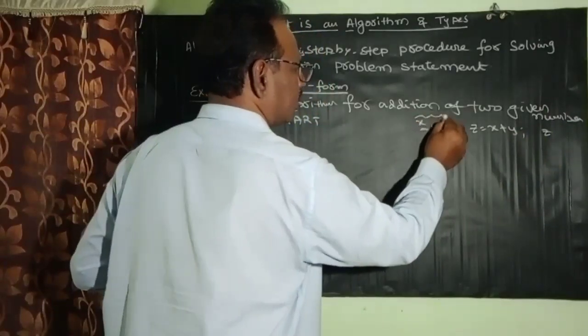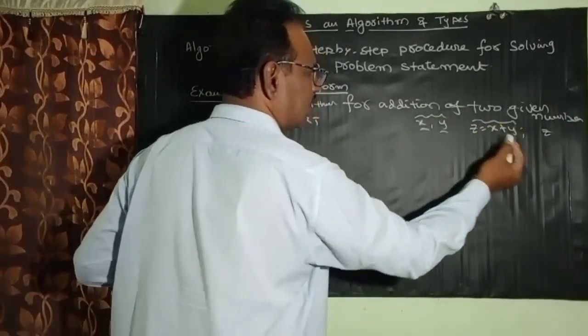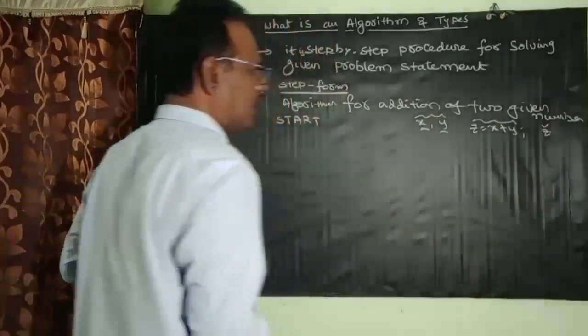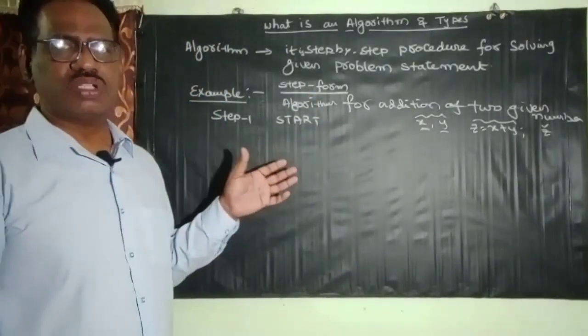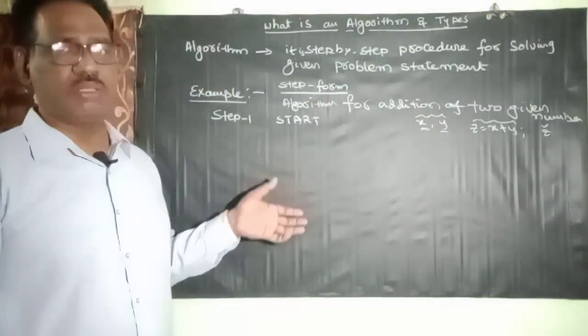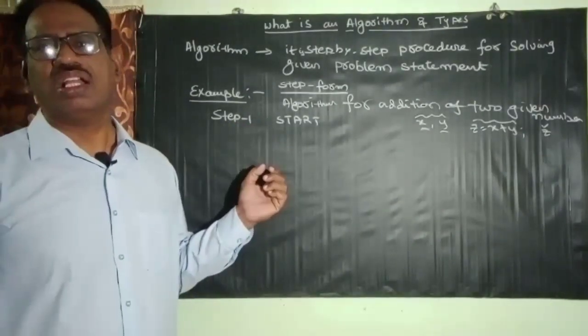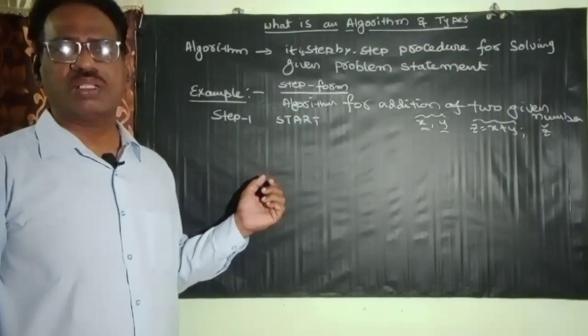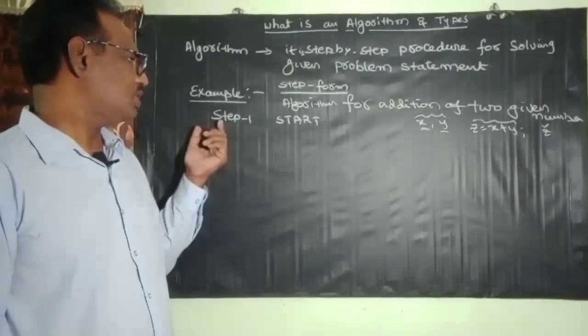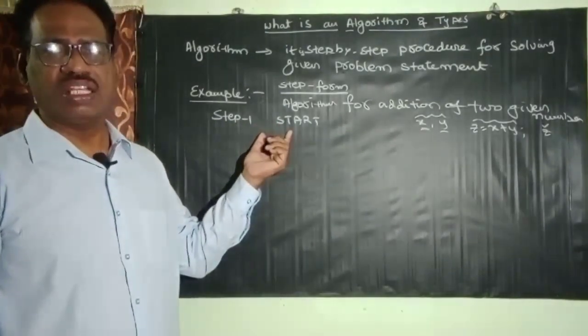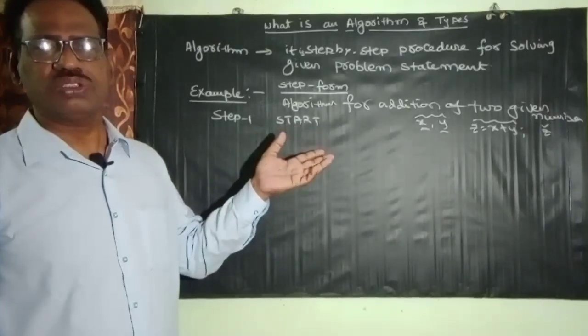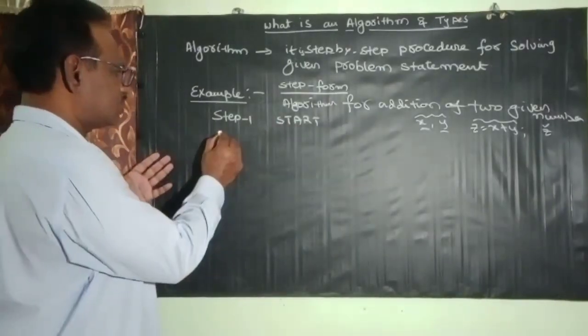These are the input, this is the process, that is the addition, and this is the output. I am going to show how this program will be implemented step by step. So the first statement, as per the rules I have given, should be start or begin. So I am using start. You can use begin also, no problem. Then step 2.